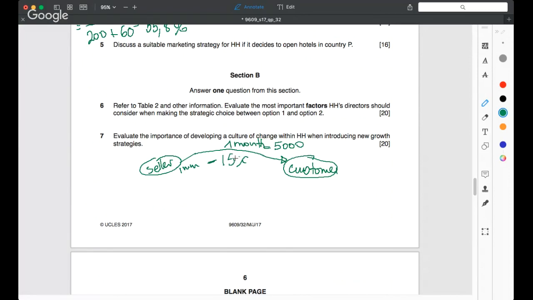But I need cash flow. So what I do is take a third party that I would call a factor. I will tell him, okay, you give me this money of 5,000, and not minus the 15%.